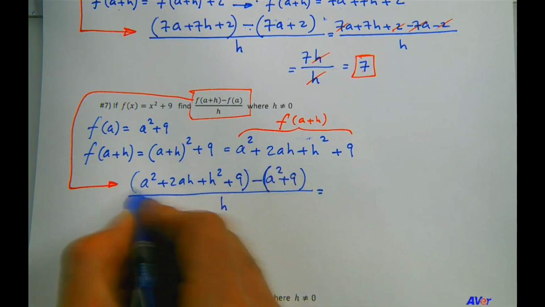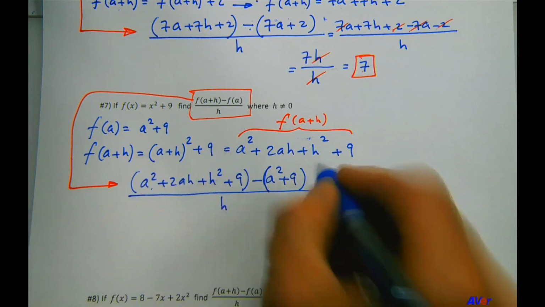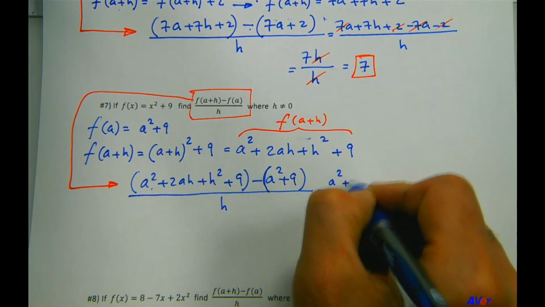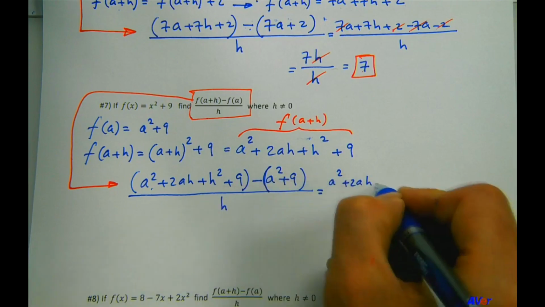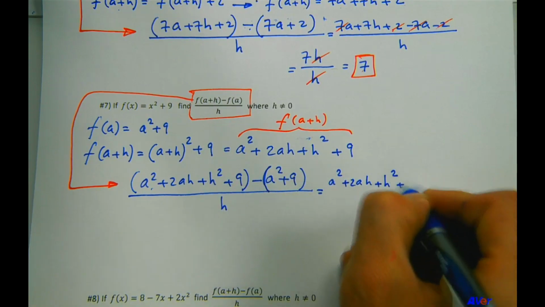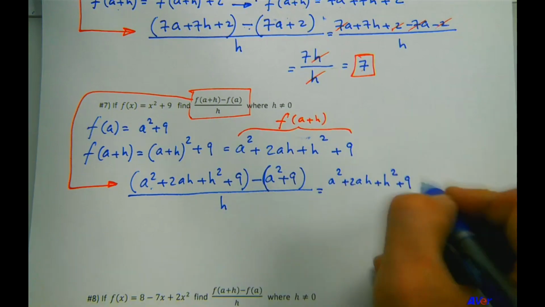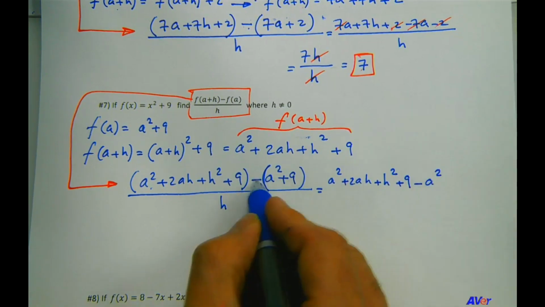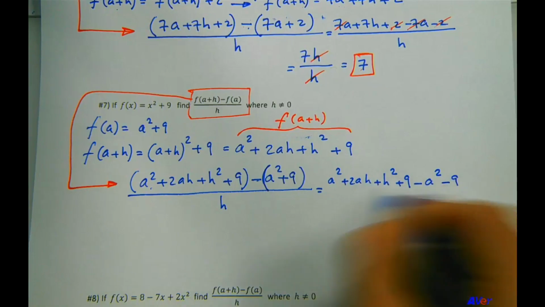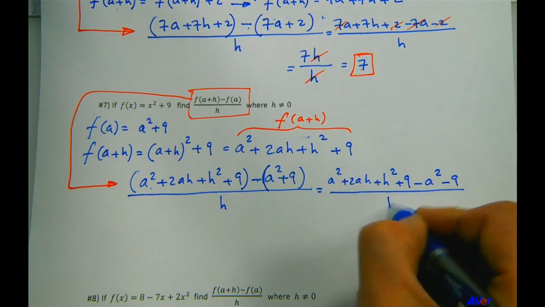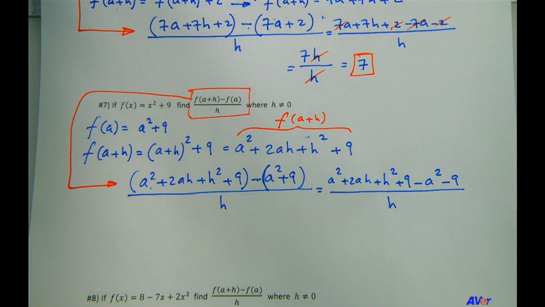So I'm going to start from these 4 terms first. So a squared plus 2ah plus h squared plus 9. Now distribute the minus. Minus a squared minus 9 over h. Is there anything we can simplify? Absolutely.